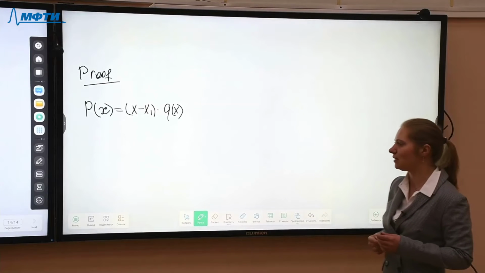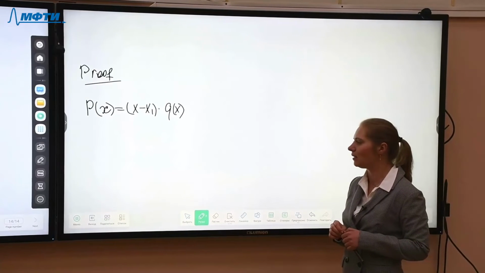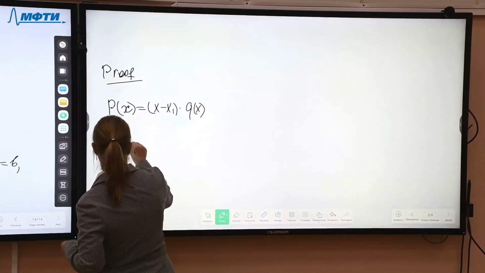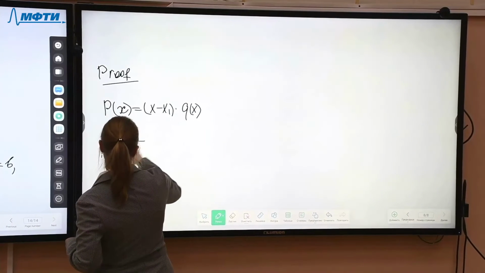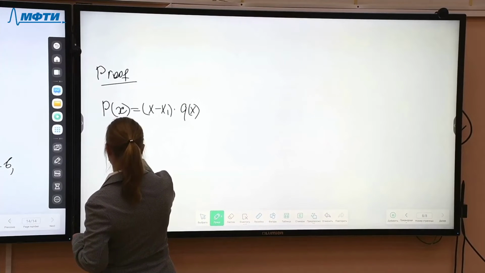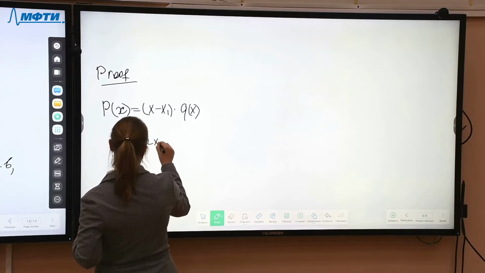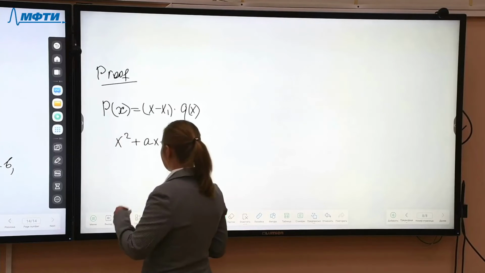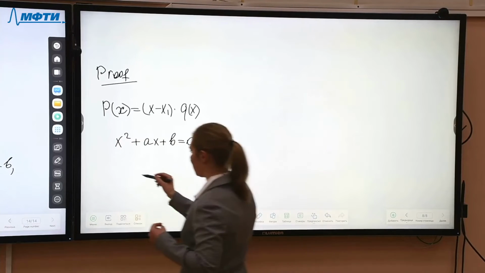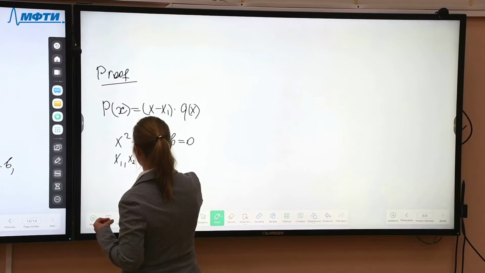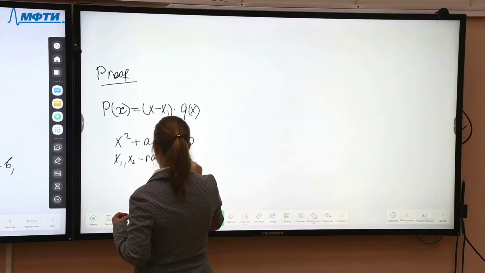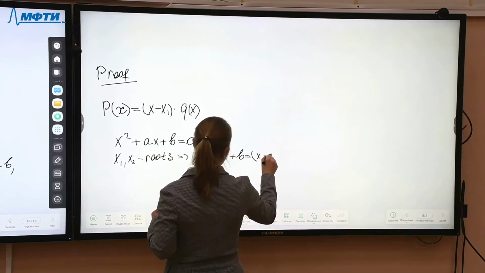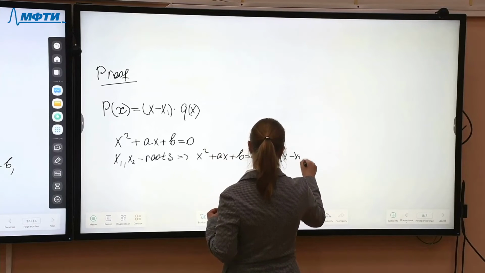And we know that using Vieta's theorem, we can show that, if we consider the reduced quadratic equation x squared plus ax plus b is 0, and this equation has two roots x1 and x2, then x squared plus ax plus b is x minus x1 times x minus x2. Why?